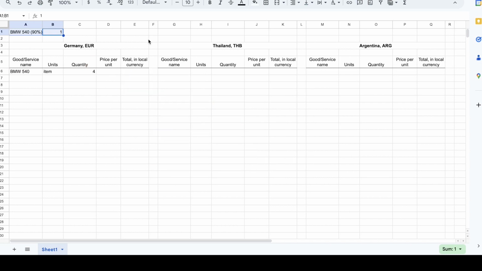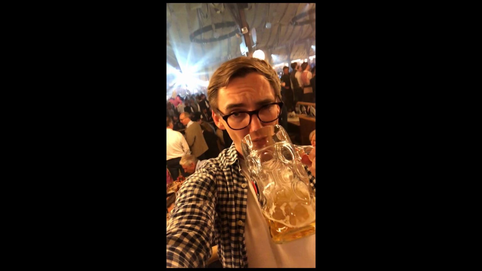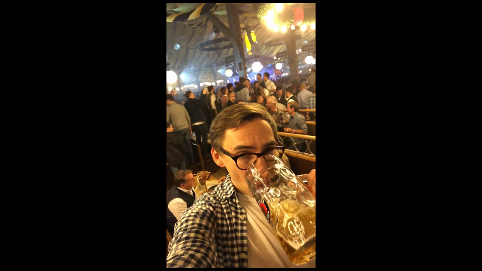The meat factory produced 100 Frankfurt sausages, which are my favorite, and another factory produced 1000 liters of Paulaner beer, as we need to have Oktoberfest at least, which is an annual festival held in Munich for basically getting drunk as much as possible. In our simplified example, nothing else was produced in Germany.